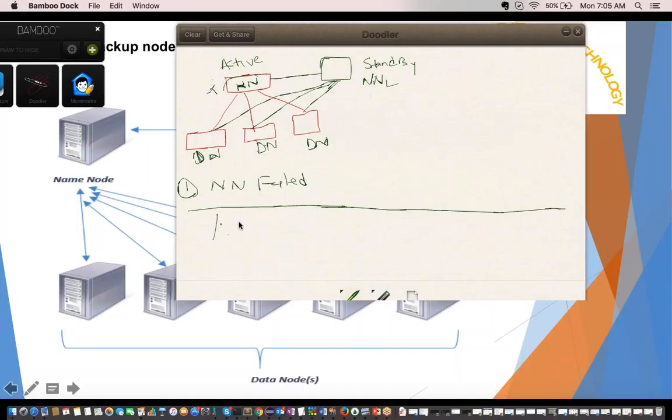To avoid that, Hadoop 2 came up with a feature called HDFS federation. That's called federation. What they have done here?